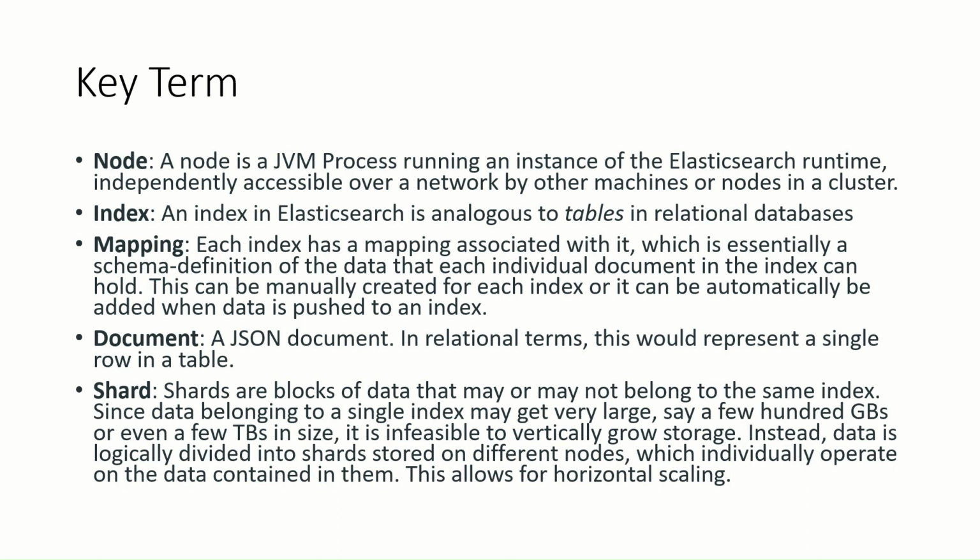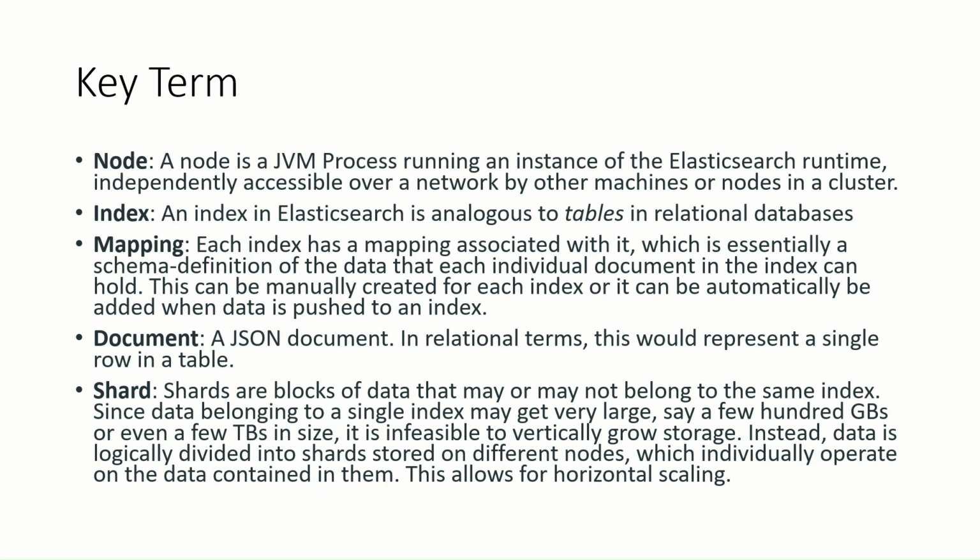Now coming to the mapping. Each index has a mapping associated with it. It is essentially a schema definition of the data that each individual document in the index can hold. Let's say you have one index, and inside the index you have a couple of documents. So what is mapping then?